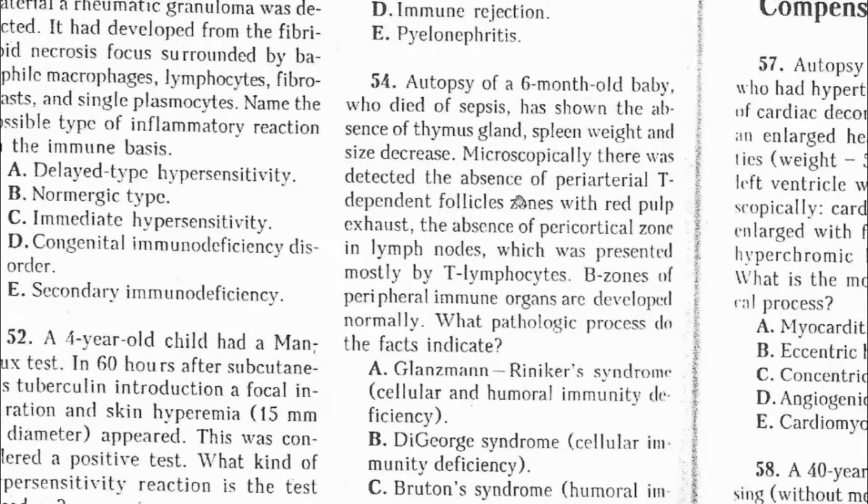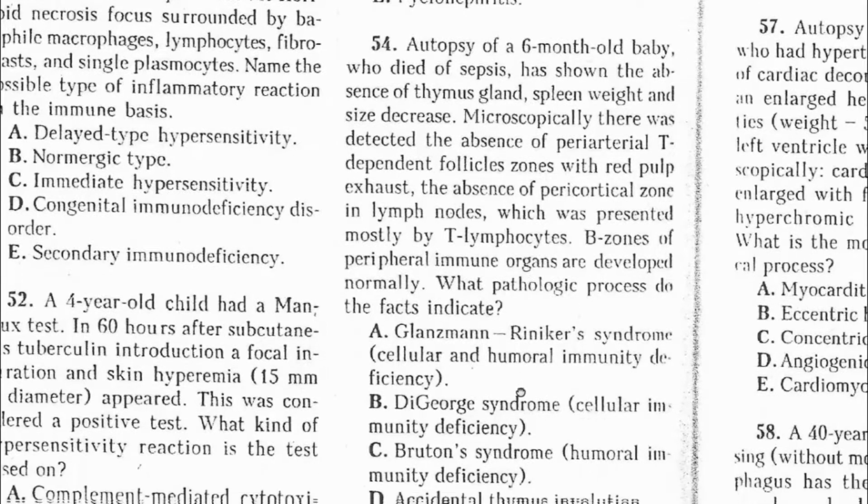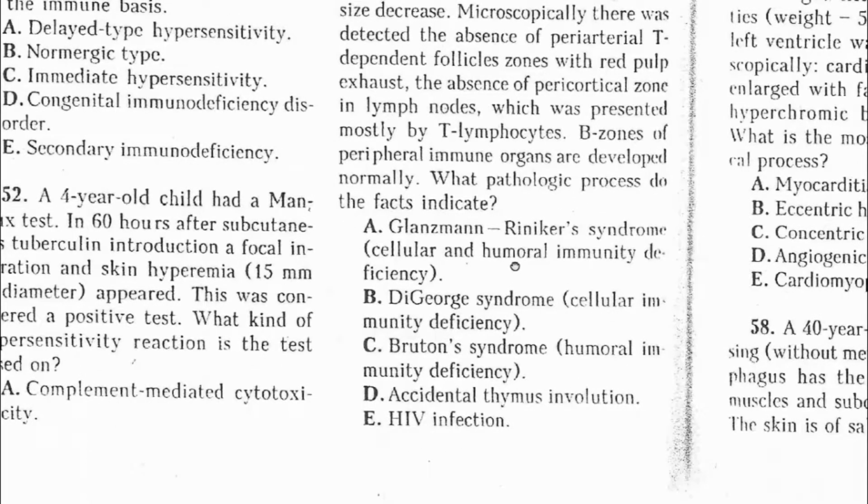Microscopically, there was detected the absence of T-dependent follicle zones with red pulp exhaust, the absence of pericortical zone in lymph nodes, which were represented mostly by T lymphocyte. So these zones of the peripheral immune organs are developed normally. What pathologic process do the facts indicate?